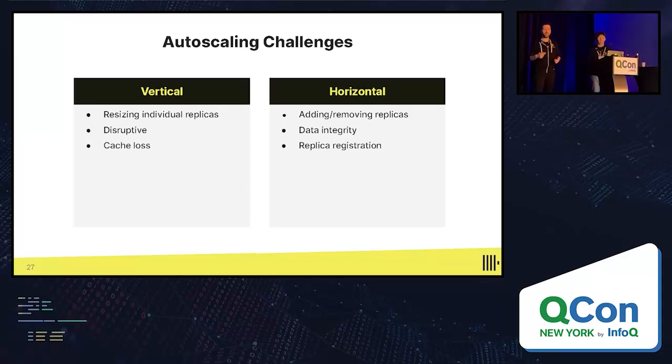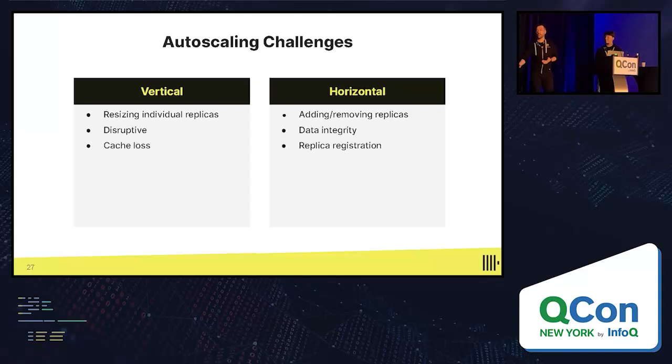The first is that it can be disruptive. Because we're using Kubernetes, when we have to resize a Kubernetes pod, we actually have to terminate the old pod. And that means any workloads running on that pod that is the target of a vertical auto-scaling operation, we either have to wait for that to finish or we have to terminate it and kill it. Not a great experience for users if that's maybe an important query that's running.